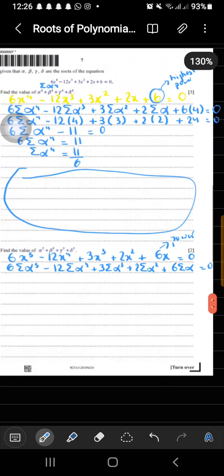I am repeating that this can be solved with another method too, but I was comfortable with this method, so I am doing this one. If you know another method, you can go with that. No worry here.